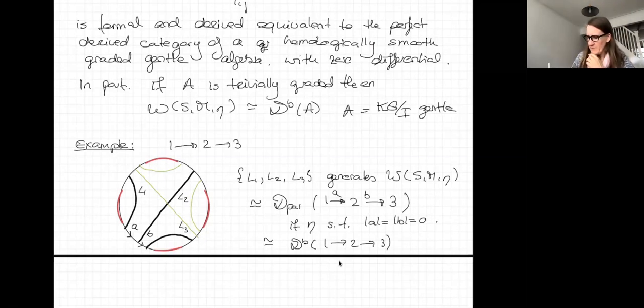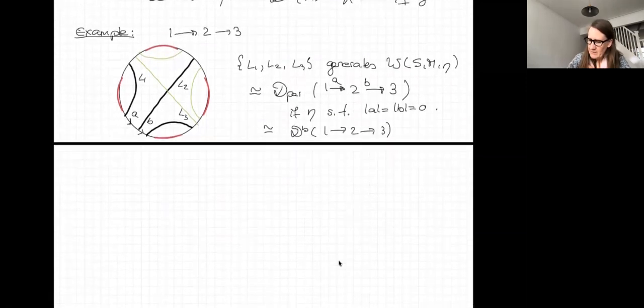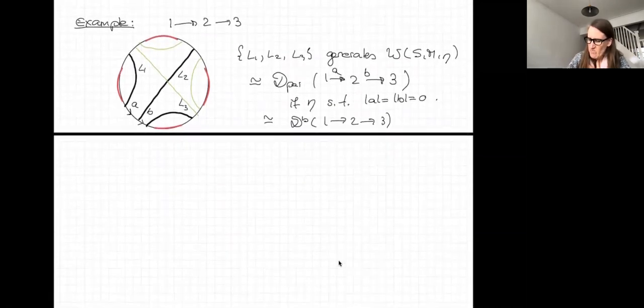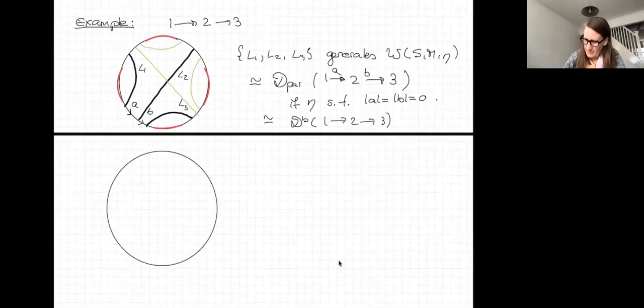But really the Fukaya category does not depend on the generator. So we would get exactly the same Fukaya category, or an equivalent Fukaya category, if we had started, for example, with the same surface, again taking the stops, and now choosing different generators.